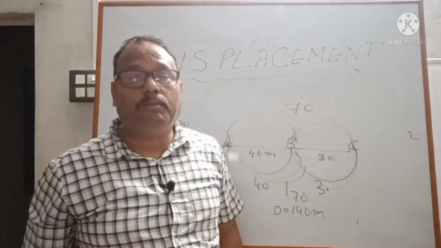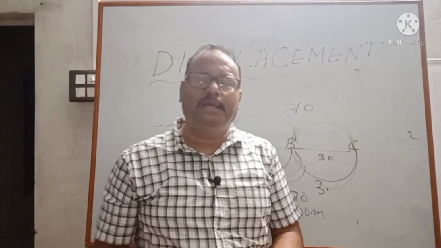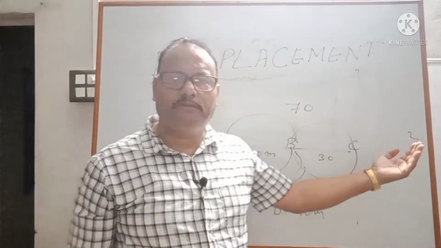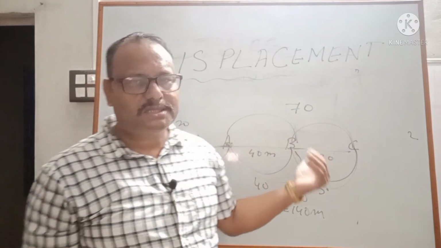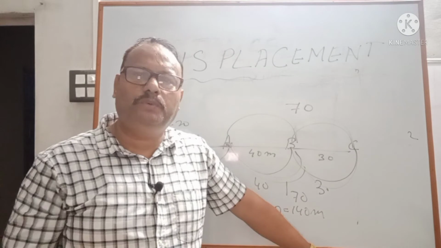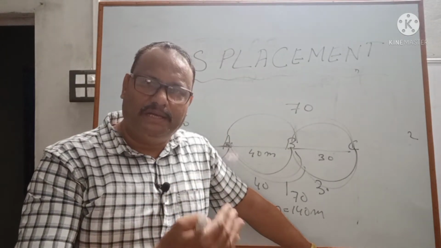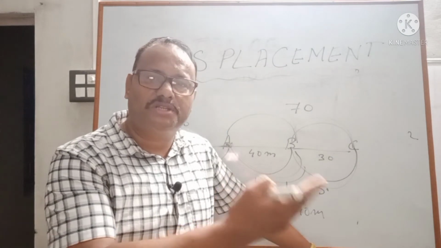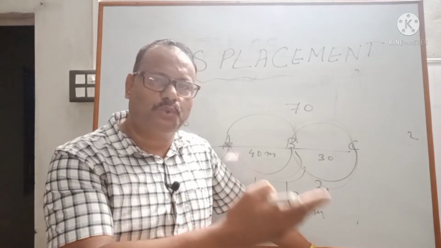Now when we talk about displacement, displacement always has a direction. That means it went positive, came back negative, east, west, north or south. So when we have a direction together with the distance, together with the magnitude, suppose I say 40 kilometers towards east, 40 kilometers towards west.